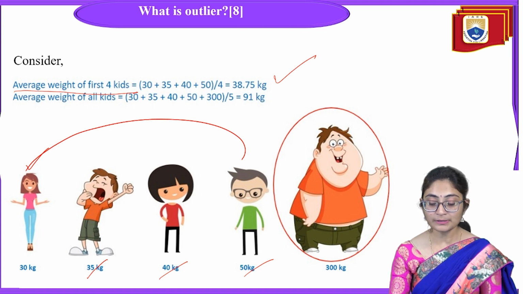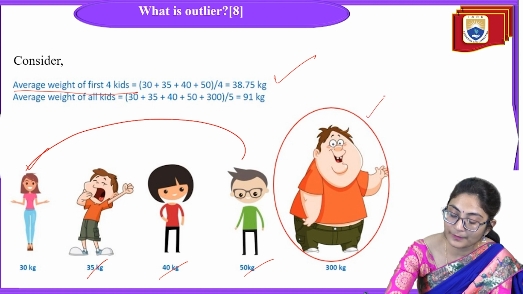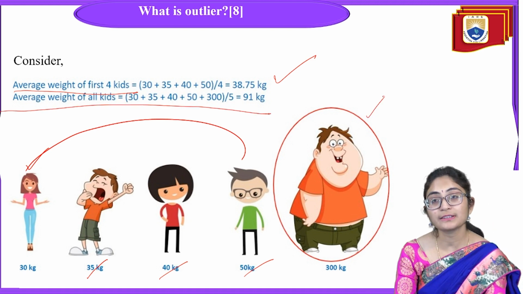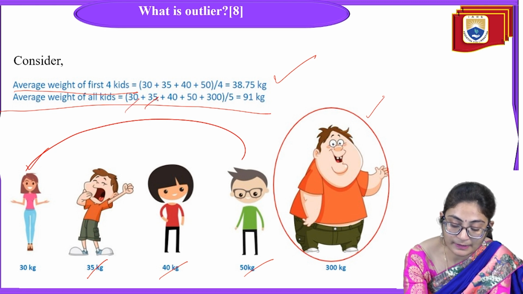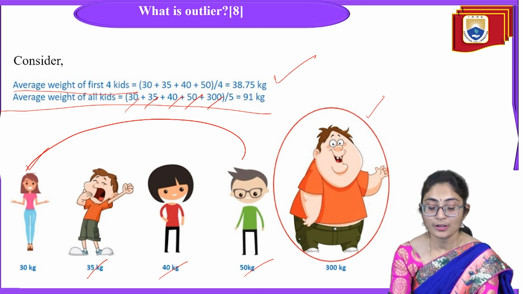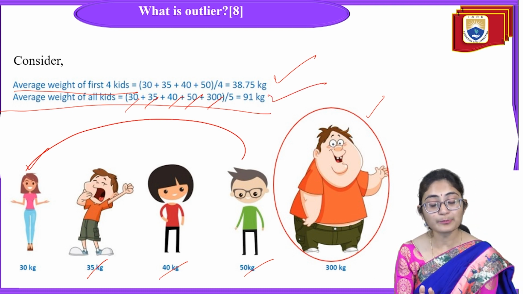But now what happened? Another kid's weight we have added. So now our average weight: 30 plus 35, 40, 50, 300. We have added and divided by 5. So our average weight is 91 kg. So now what is happening here?